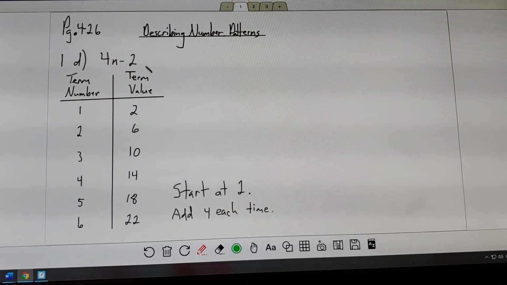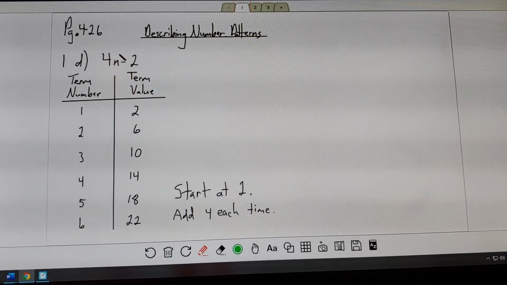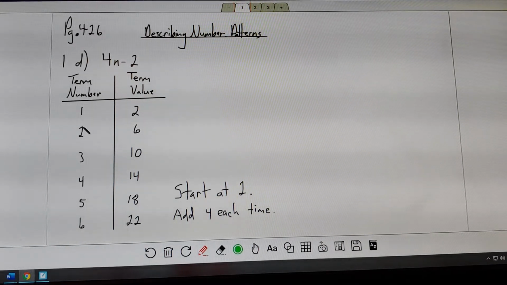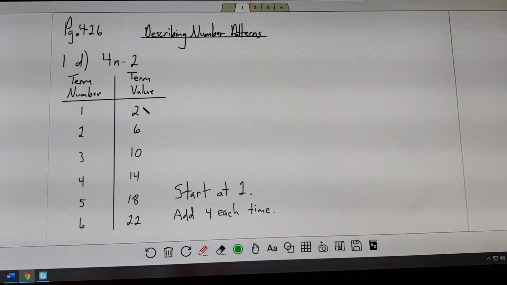A regular increase of 4 each time tells us that we are multiplying n by 4. And n is whatever number you happen to be dropping in here. Then 4 times 1 would be 4, but it's not 4, it's 2. It's 2 lower, so that's why I subtract 2.